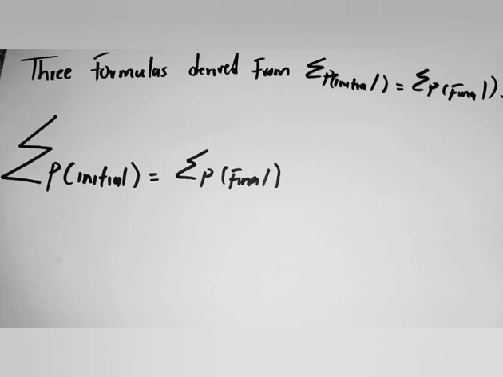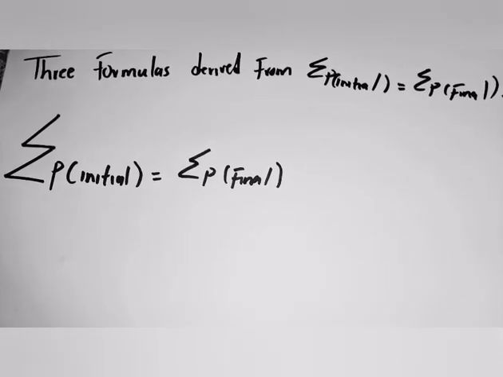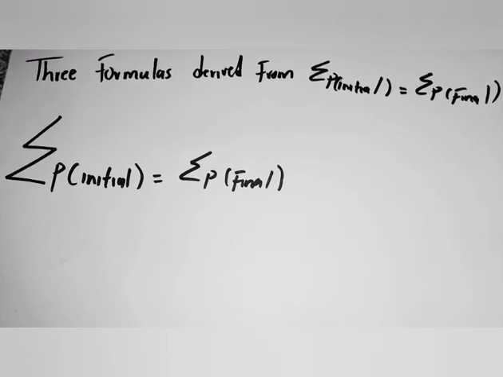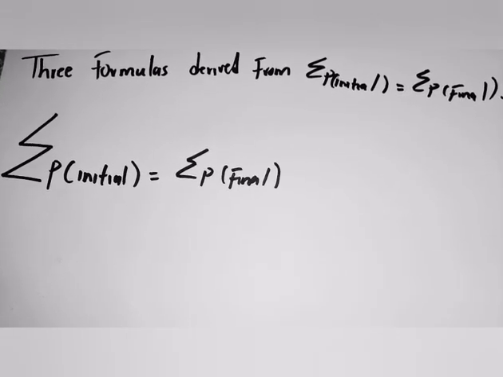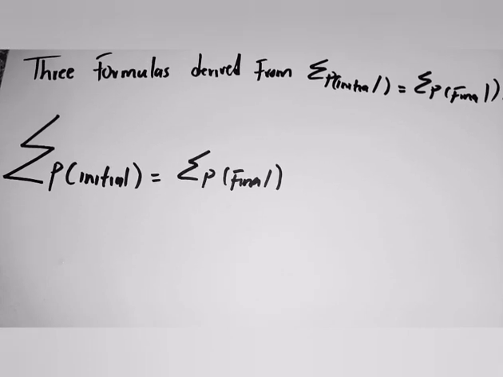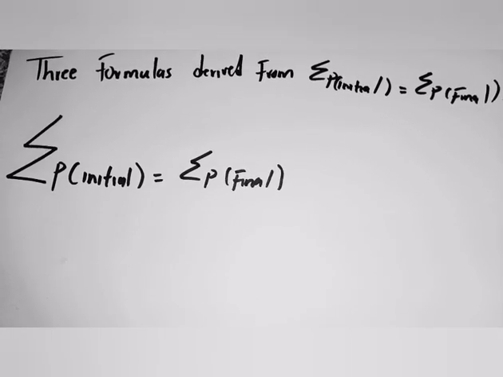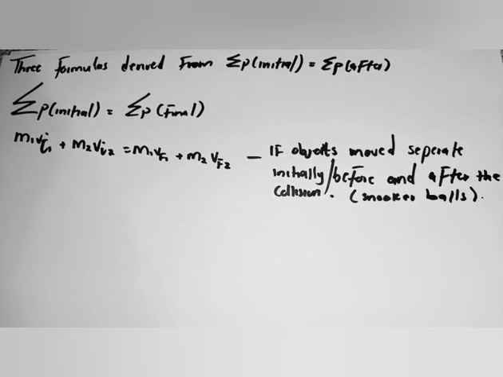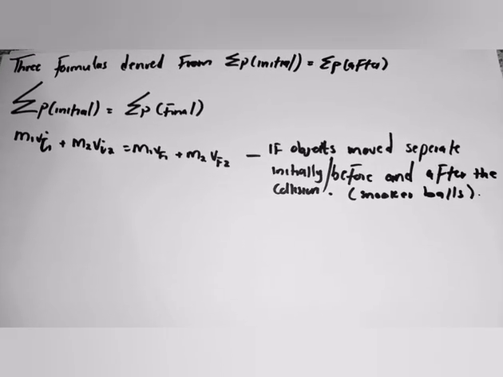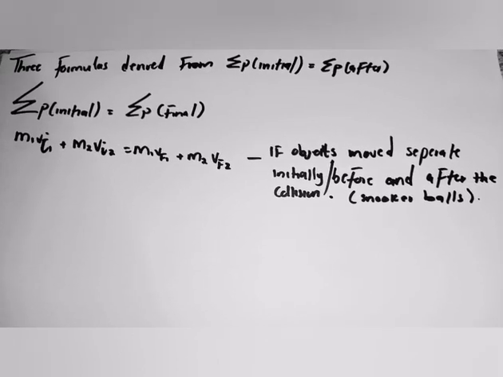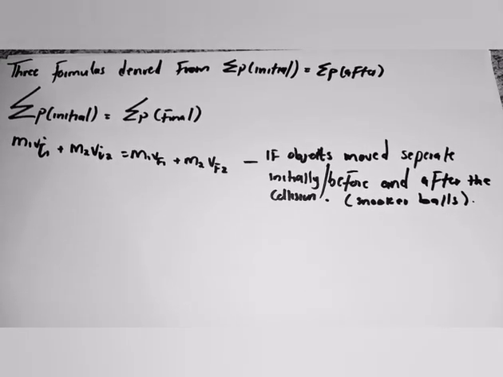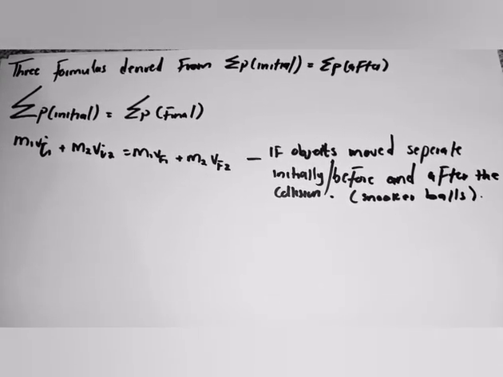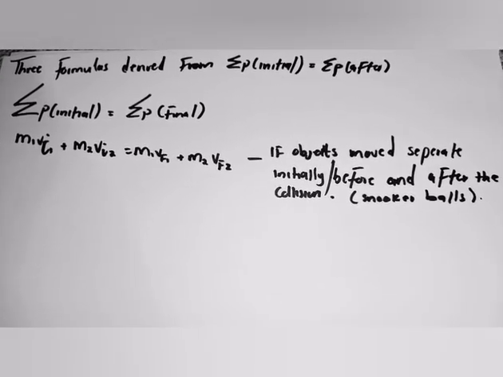Whenever you are asked to calculate whatever, maybe the mass or the velocity, you write this formula first before writing another thing: sigma p initial equal to sigma p final, or sigma p before equal to sigma p after. Now the first formula, you use if objects moved separately before and after the collision.